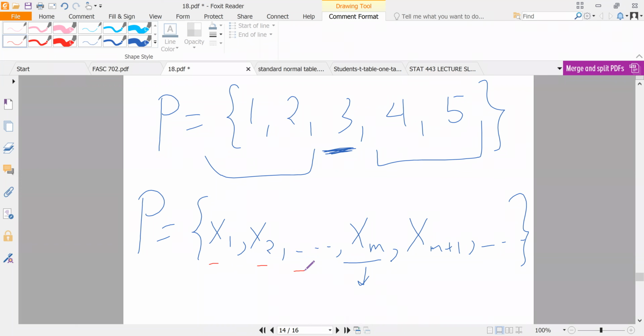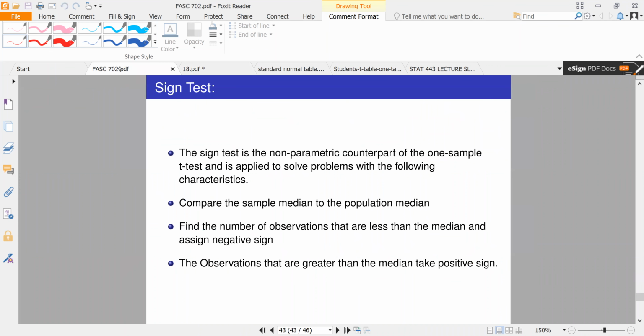For values greater than xm, it will assign positive values. For xm plus 1, it will assign positive value. For xm plus 2, positive, for xm plus 3, and so forth. That is how you use the sign test to compare population medians and sample medians.